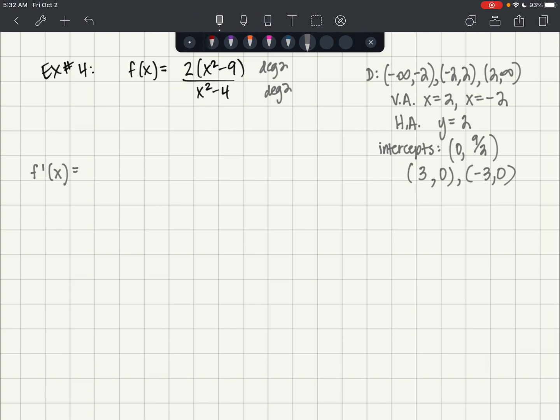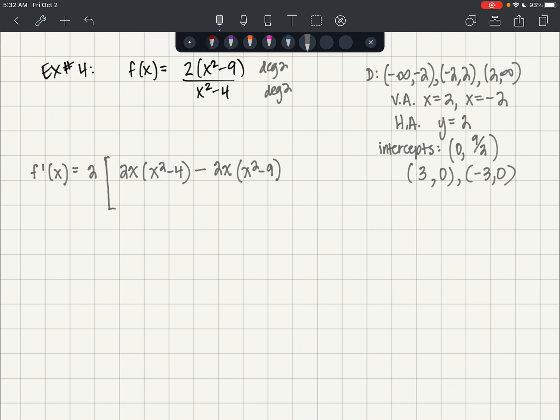Okay, so we have 2, and then I'm going to find the derivative. So the derivative of x squared minus 9 over x squared minus 4, that derivative would be 2x, the derivative of the numerator, times the denominator, x squared minus 4, minus the derivative of the denominator, which is 2x, times the numerator, x squared minus 9.